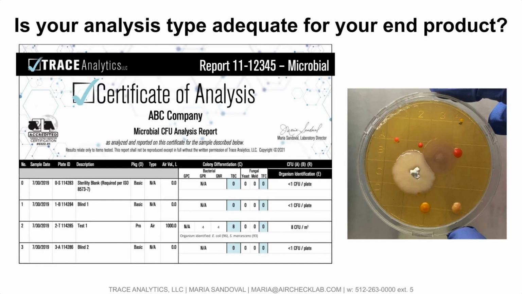And so what I would challenge you is to provide better quality for your customer, better quality for your employees, by doing indicator organisms and identification. And so if you look at the report now, you'll see that it's changed and we've differentiated the colonies by their gram reaction.